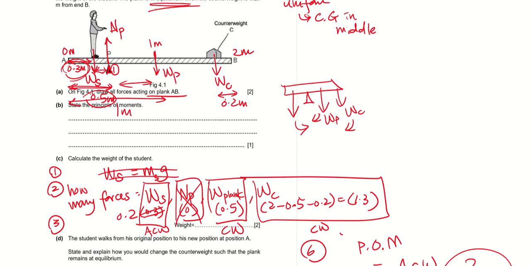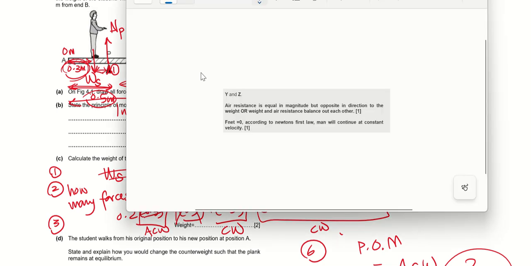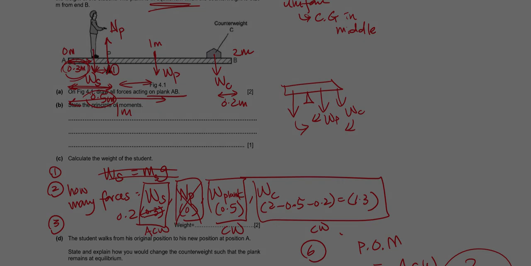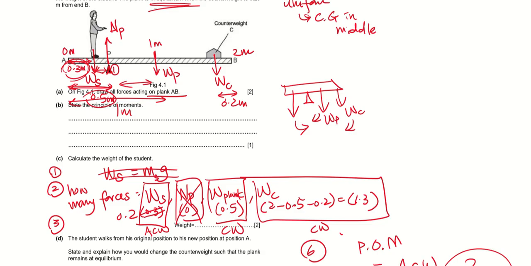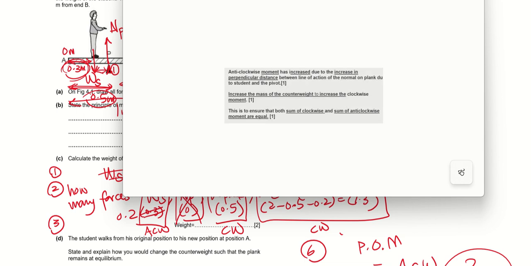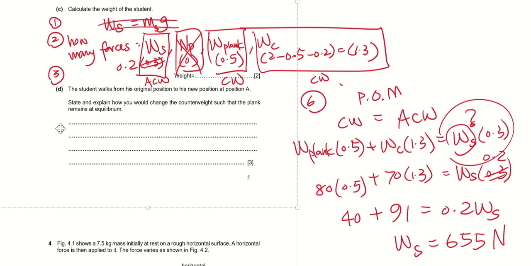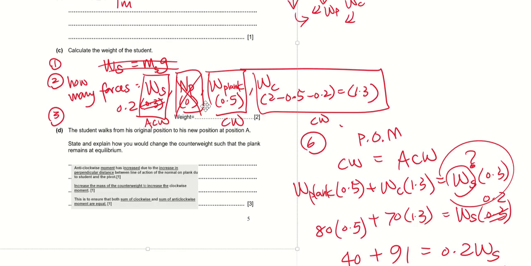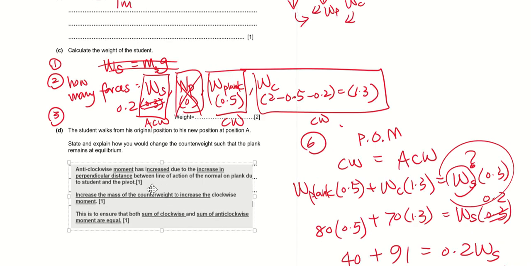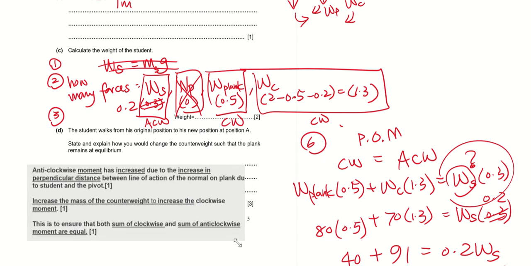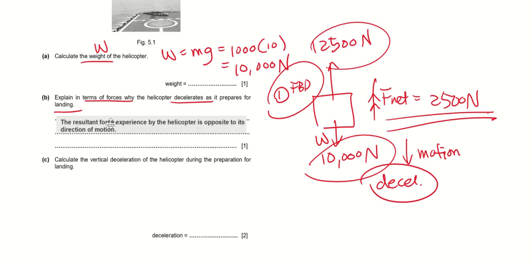So I need to move the counterweight nearer to B so as to increase the clockwise moment. So you need to know the concept.